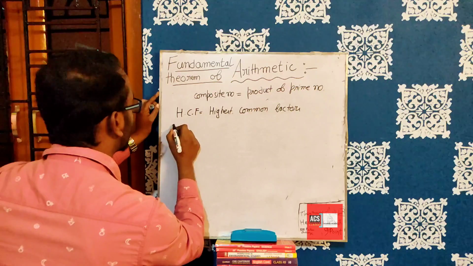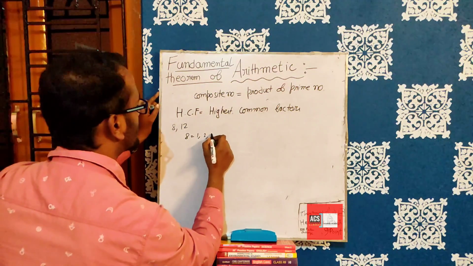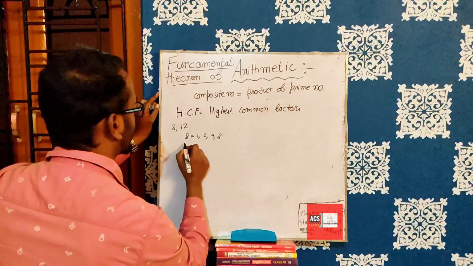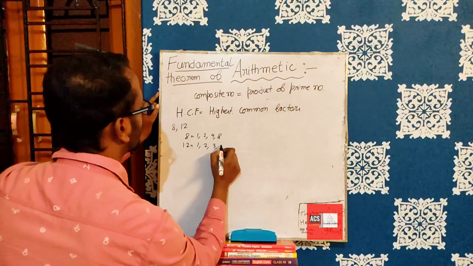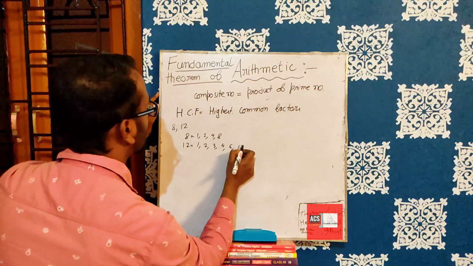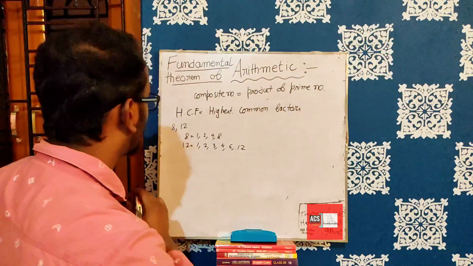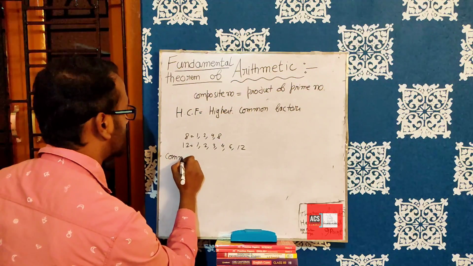Let's say the example of 8 and 12. What are the factors of 8? 1, 2, 4, 8. Okay, these are the factors of 8. For 12: 1, 2, 3, 4, 6, 12. Out of these, what are the common factors?